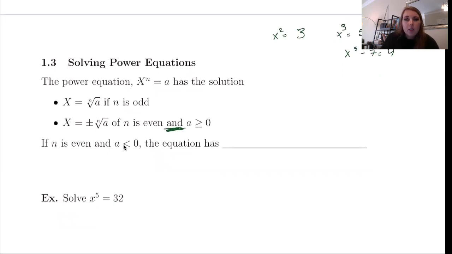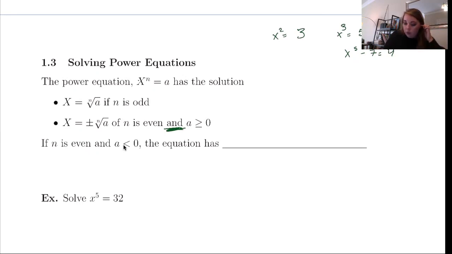And I believe we've talked about this before, that cube roots, fifth roots, seventh roots, and then even if I raise something to that power, the negative involved goes along with it. But if I'm squaring something, raising it to the 4th power, and it's a negative number, it's always going to come out positive.